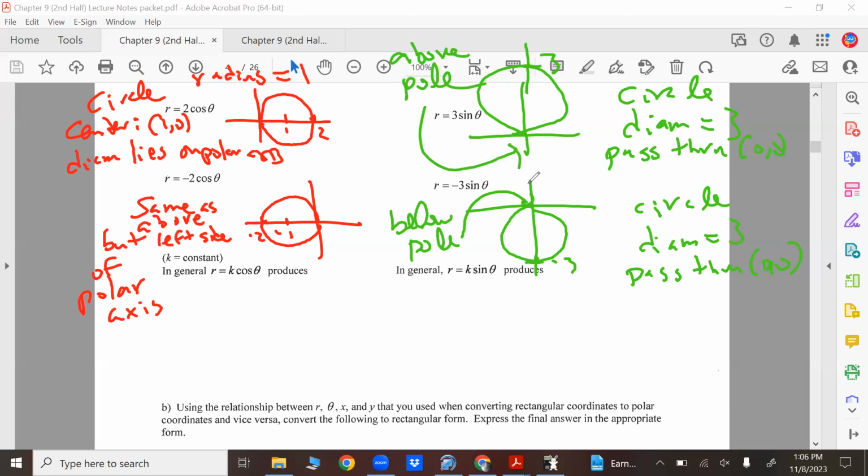So in general, if r equals k cos theta, the diameter equals absolute k.